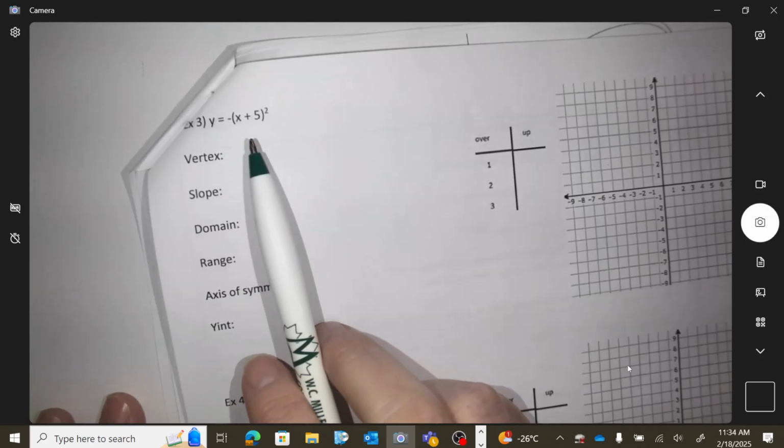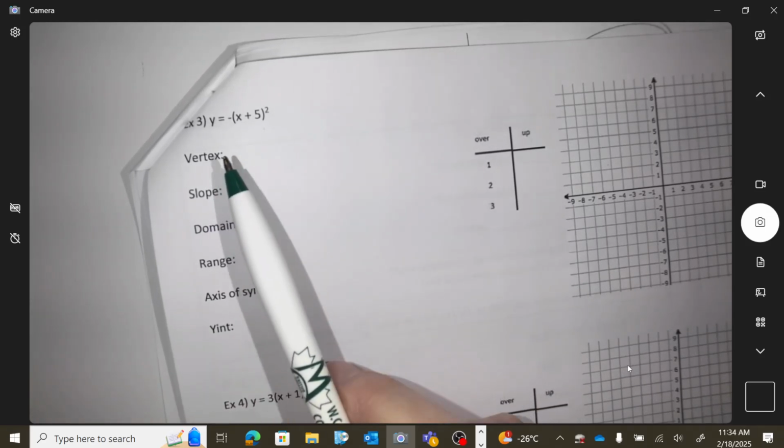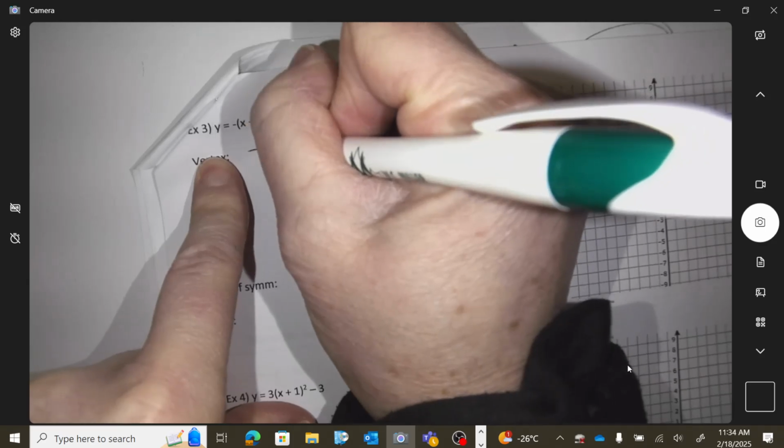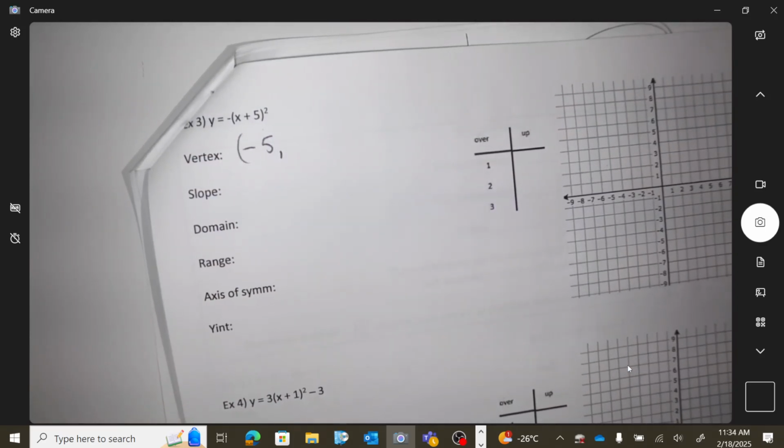Okay, vertex. What's the number inside the bracket? So -5, comma. What's the number that's not in a bracket? I don't even see anything. Is there any numbers that are just added or subtracted anywhere on their own?